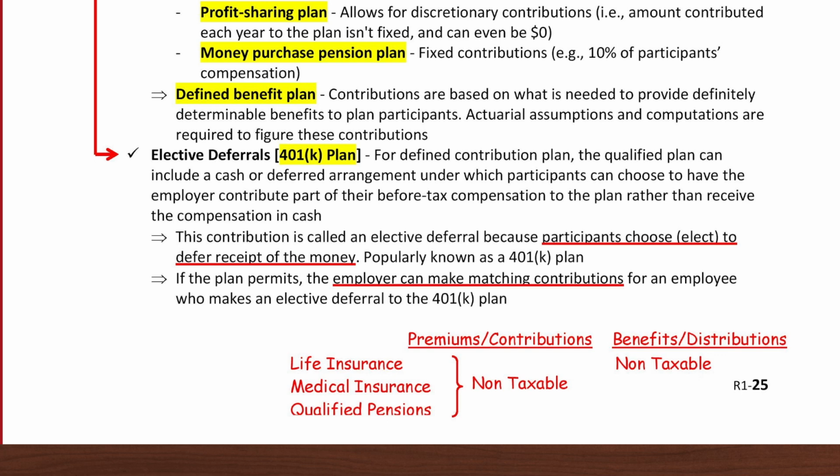Similarly, medical insurance benefits received. Medical insurance benefits typically are received in case of sickness, illness, hospitalization. These medical insurance benefits are non-taxable to the recipient. However, pension benefits received by the employees after retirement is taxable. And we know that's the I of SURPU O.